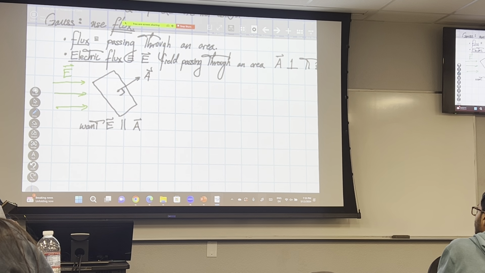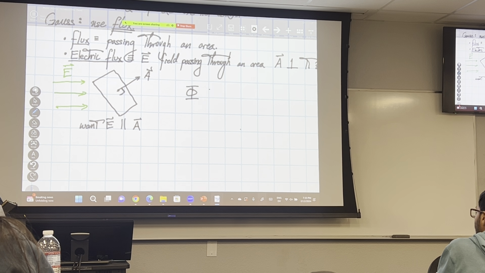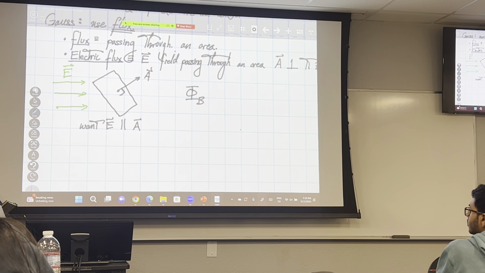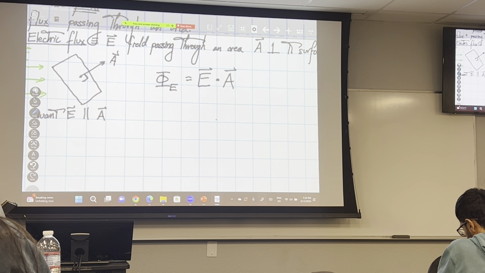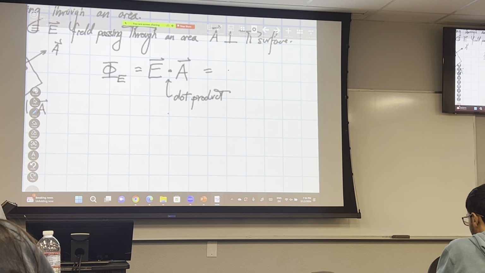We can denote this mathematically, where this capital Phi is used for the electric flux. This is going to be E dotted with A. And this dot is a dot product. It must be there. Where this dot product is simply EA cosine of theta.